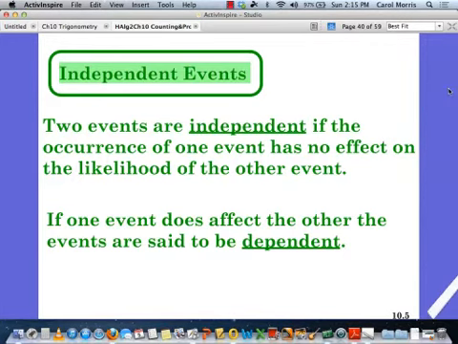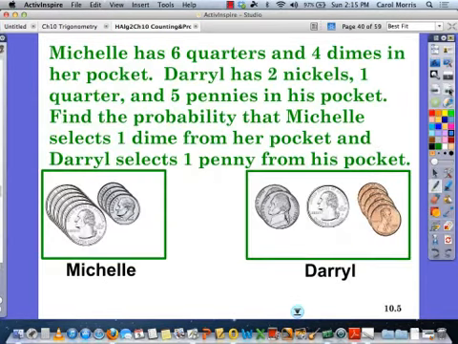Our first example would be, what if we have Michelle and Daryl, they each have some spare change in their pocket, and we want to find the probability of getting a dime from Michelle and a penny from Daryl. What's the probability of getting a dime-penny combination?